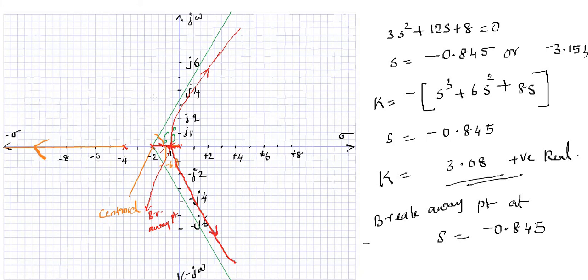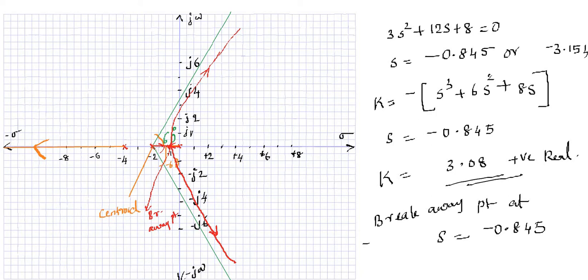So, this is the root locus corresponding to the given problem. One branch starts from minus 4 and ends at the 0 on the real axis. There is a breakaway point in between 0 and minus 2. The part in between 0 and minus 2 is a part of the root locus, the real axis segment.